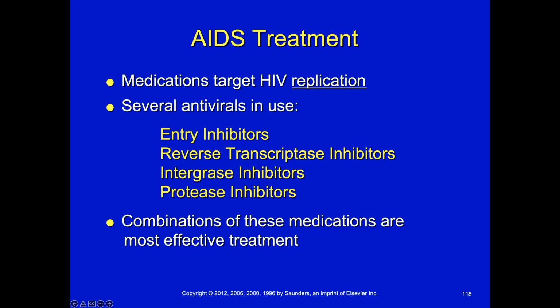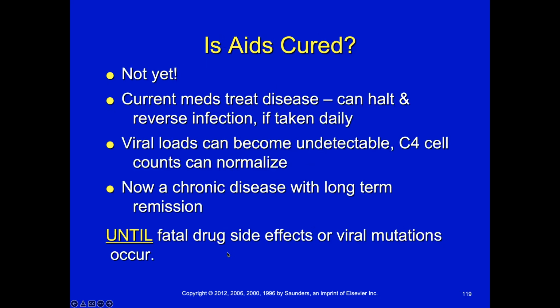By hitting the virus in a number of different places during the replication process, they're able to get very effective treatment. And what we see is that the patient becomes asymptomatic and returns to a normal life. But is AIDS actually cured? Not yet. The disease is still dormant and it can reoccur.